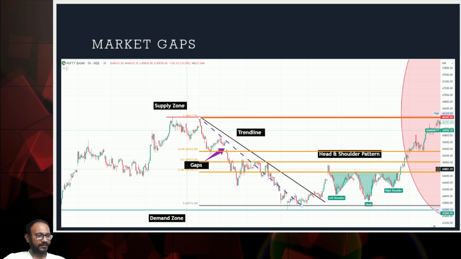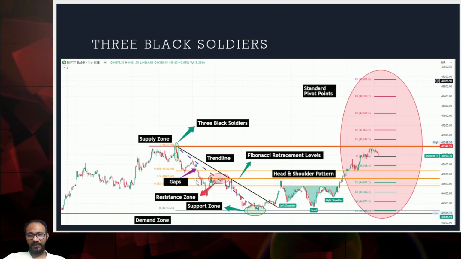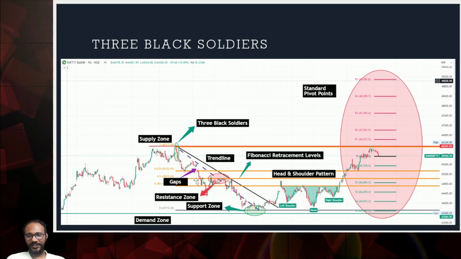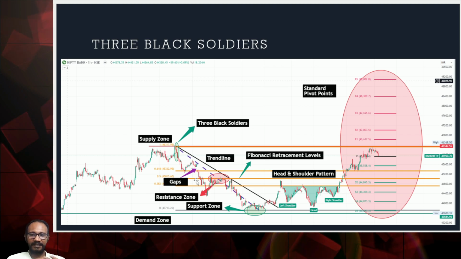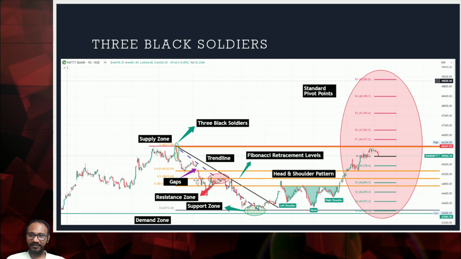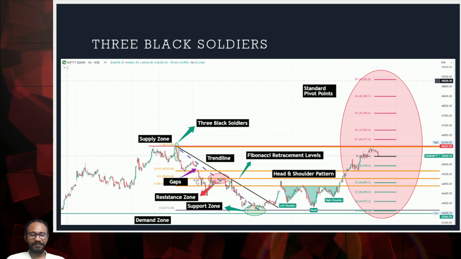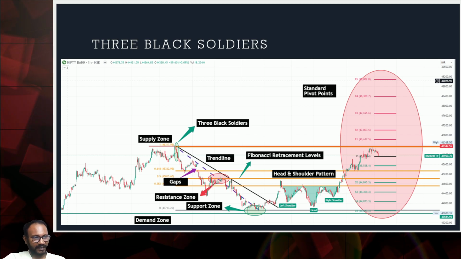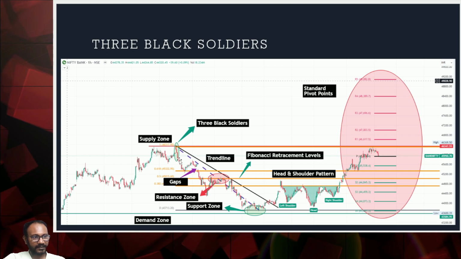So the next part is candlestick patterns themselves. When I said that each candle reveals a lot more details about where the market is heading, when we club 2 or 3 more candles, it gives an even higher perspective about the market's future moves. In this, if you see, the first candle is a red candle, the second candle is a red candle, and the third candle is a red candle.